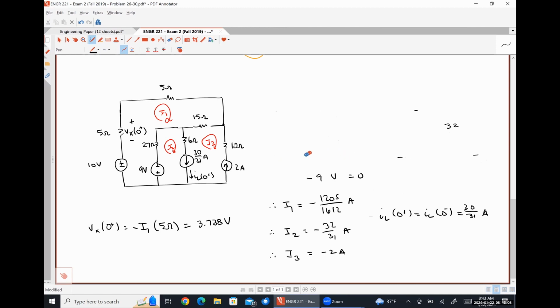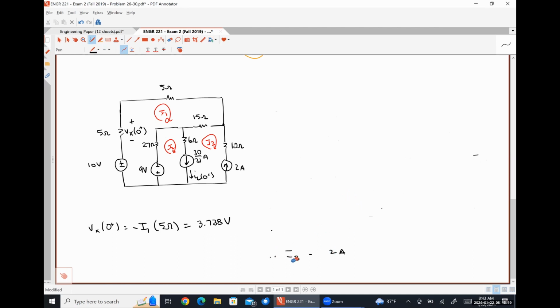So what's the only change that I'm going to need to make to my circuit that I have drawn on the left-hand side to account for the fact that we're at t is equal to infinity now? Yep, so my inductor current source should now just be a short circuit, because since we are at DC steady state at t is equal to infinity, our inductor looks like a short circuit.